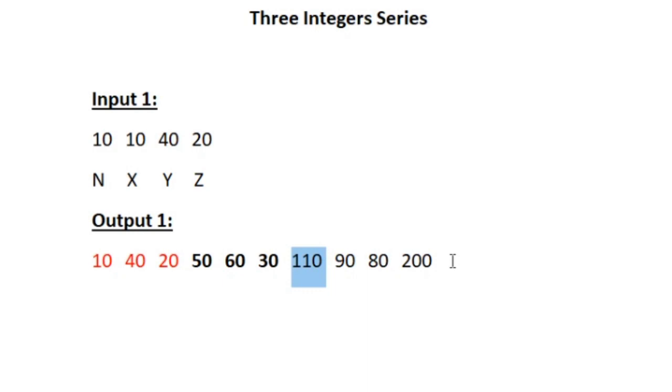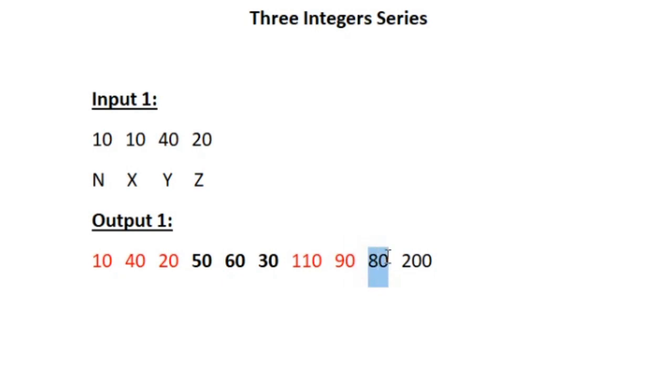Here also we have used the same technique, so let us see it. The first integer of the next 3 is the sum of the first and second of the previous 3 integers. The first and second are 50 and 60, so 50 plus 60 is equal to 110. The second integer is the sum of the second and third of the previous 3, so 60 plus 30 is equal to 90.